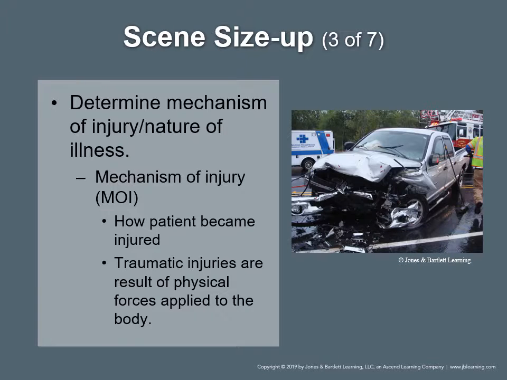Okay, so determining mechanism of injury or nature of illness. Mechanism of injury is the forces or the energy, how they fell, what they fell on, how the patient became injured, and that helps you focus in on discovering what injuries you're predicting and the places where we need to look. Also, remember the forces applied to the body.